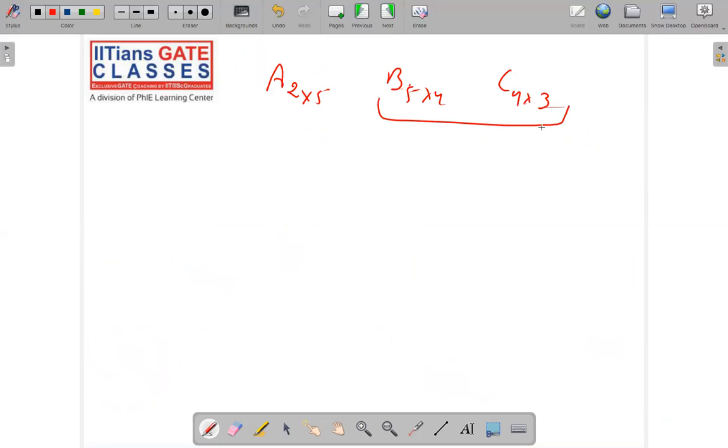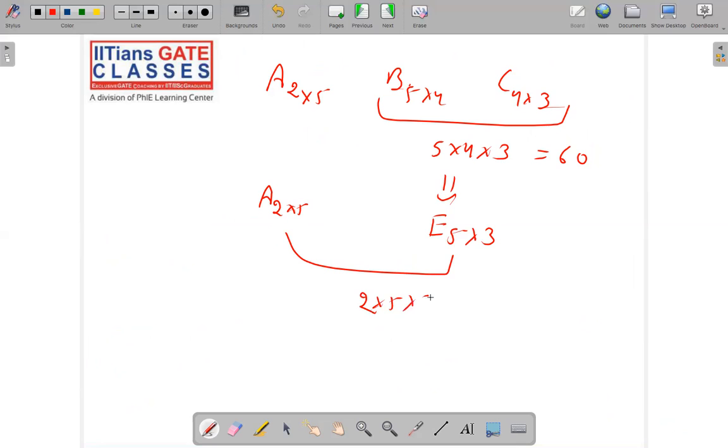Now once we multiply B and C, our effort will be 5 multiplied by 4 multiplied by 3. Okay, so it's how much? 60. And the resulting matrix, if you consider it as E, has dimensions 5/3. Okay, and then we have A, 2/5, also. Once you multiply these two, the effort is 2 times 5 times 3, and this is 30. So total effort is 90.